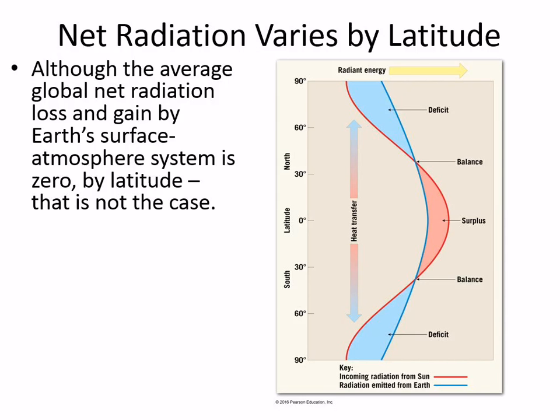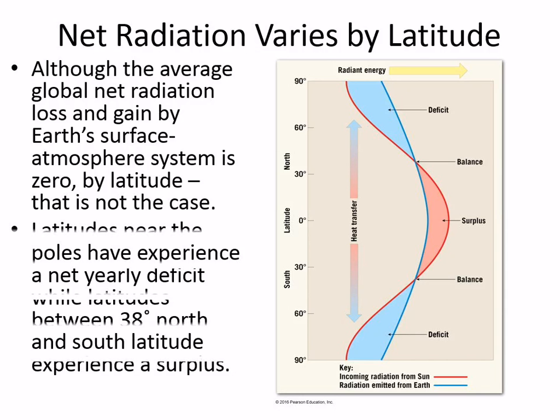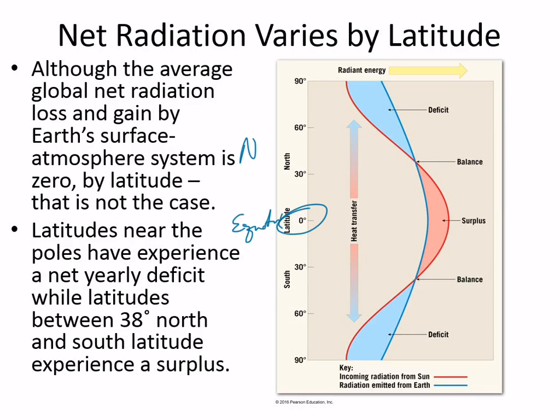The poles, again, it has to do with the angle of the sun throughout the course of the year, but on an annual basis, if you get on either side of 38 degrees north or 38 degrees south latitude, they're shown right here. So this is by latitude. The way you read this, you guys are getting good at reading figures, by the way, this is the equator, this is north, and this is south.